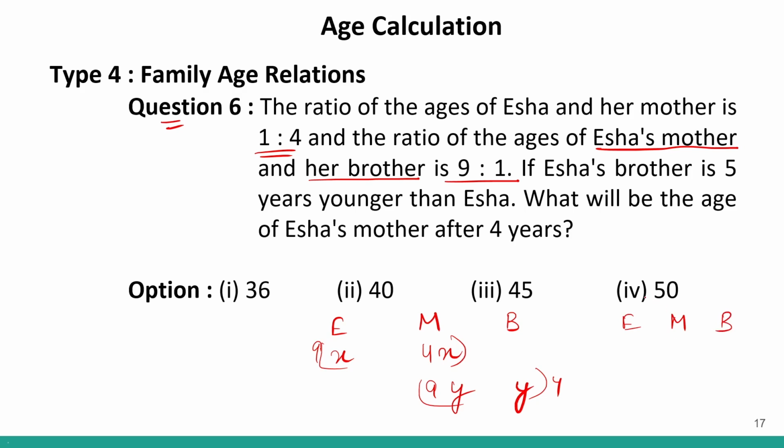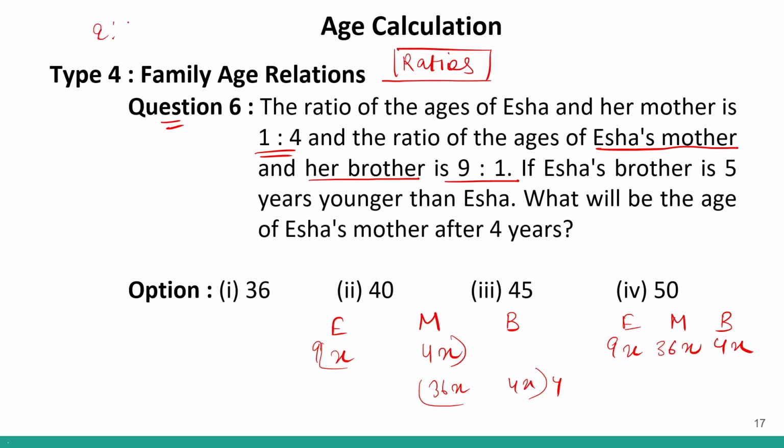So if I multiply this by 9, it will be 9x and this will be 36x. And if I multiply this by 4, this will be 36x and this will be 4x. Correct? So if I multiply and make them together, this concept is learned in the chapter ratios.